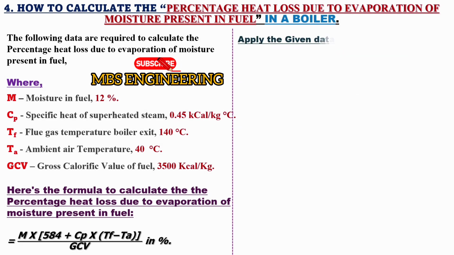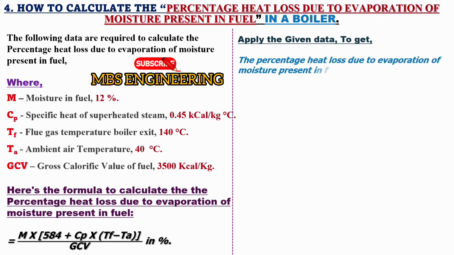Apply the given data: 12 multiplied by (584 plus 0.45) multiplied by (140 minus 40), and then the obtained value is divided by 3500.